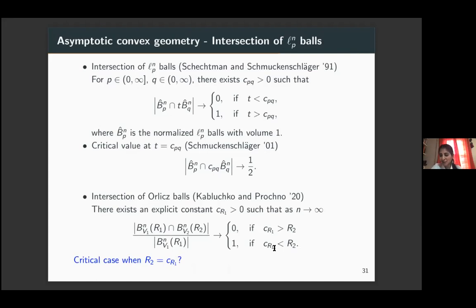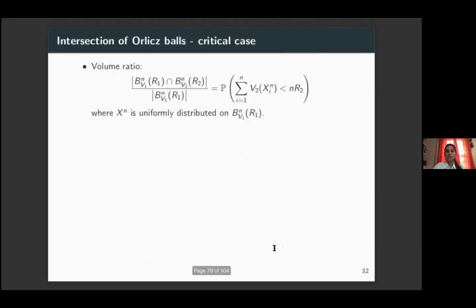So while the result looks similar to what was done by Schechtman and Schmuckenschlager, the approach is really quite different, because you cannot use that representation and you cannot directly use those results. So you actually have to use a tilting of a measure and then look at its typical behavior. I don't have much time to get into that, but just to give you a flavor.